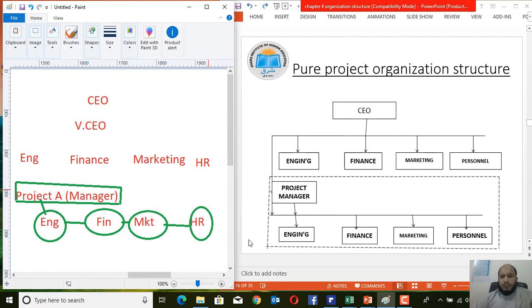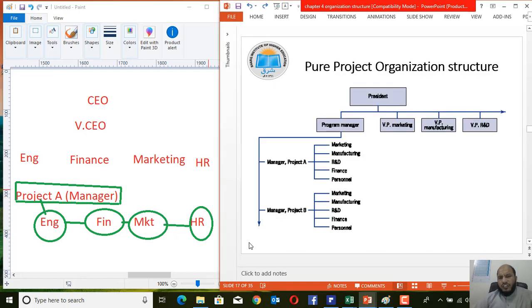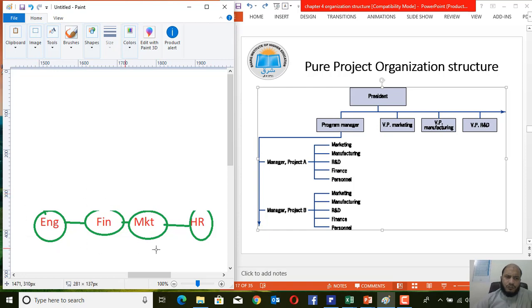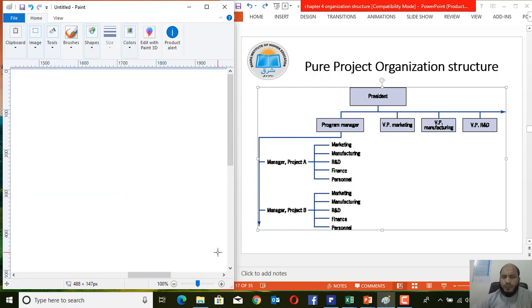Okay dear students, let's move towards the next slide. See over here again we have, for example, the pure organizational structure type, or we may say the pure organization picture. We can use this for your further information.